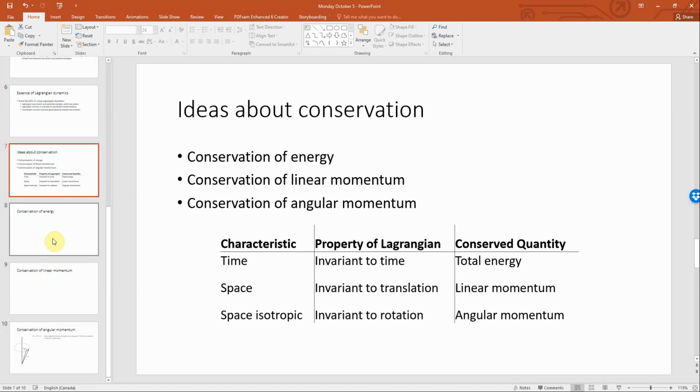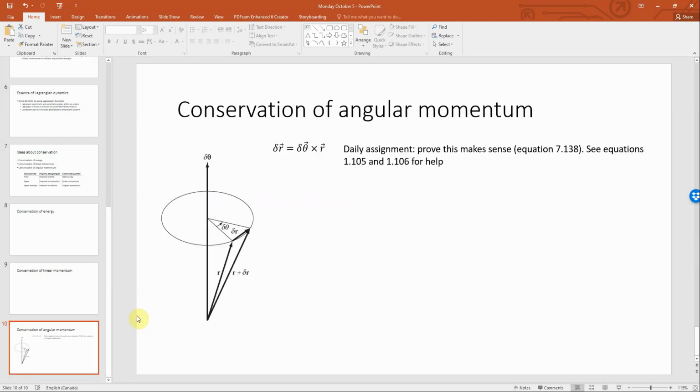All right, so we'll go through the derivation of these in class, but the daily assignment will be understanding this equation here, that delta r, this vector, is equal to delta theta cross r. Our original r vector is pointing from some point on the origin up to some position here, and then we rotate slightly by delta theta, so we go from r to r plus delta r.